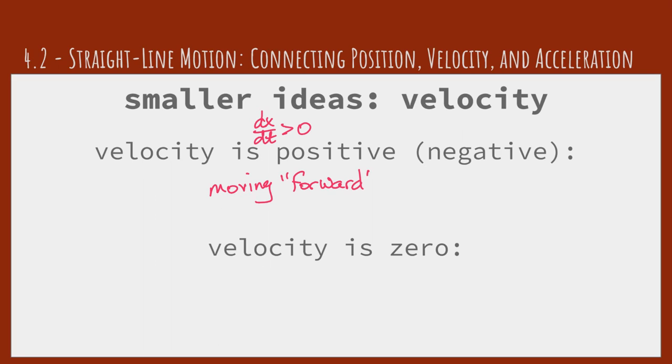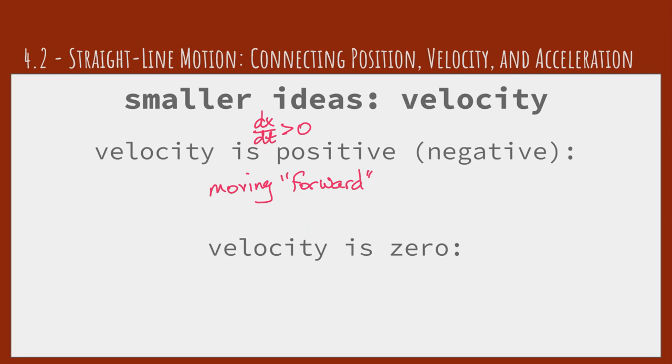Now, I put forward in quotation marks here because it depends on the context. If we're on the x-axis, forward is going to be to the right. If we're on the y-axis, forward is going to be up. So the important thing is the position is increasing.